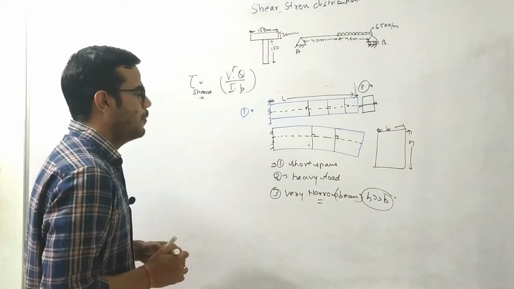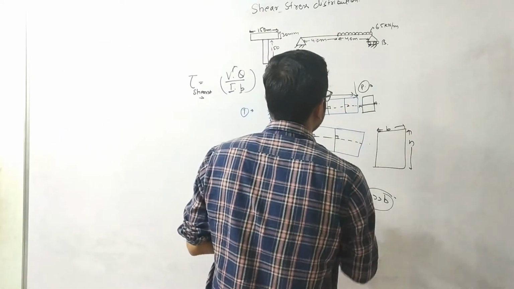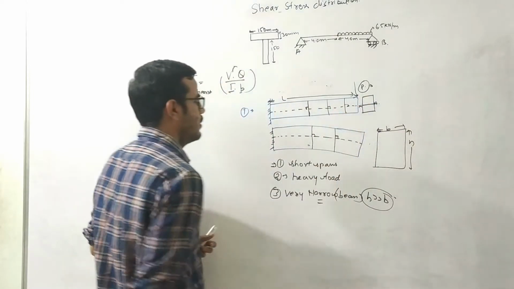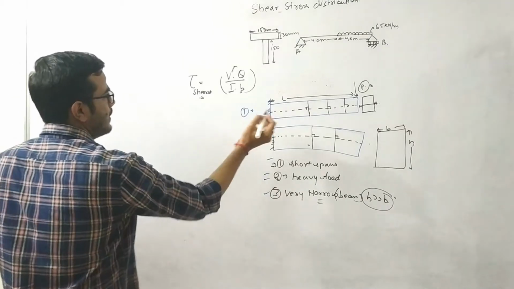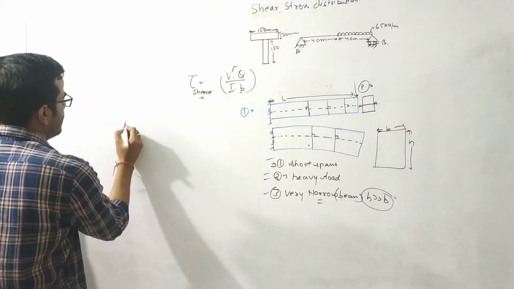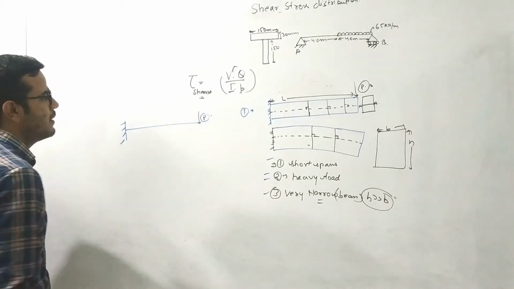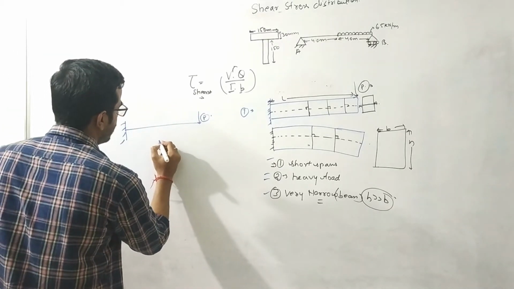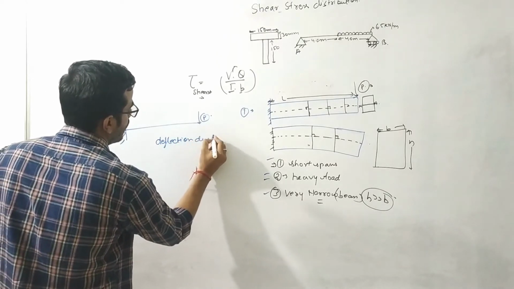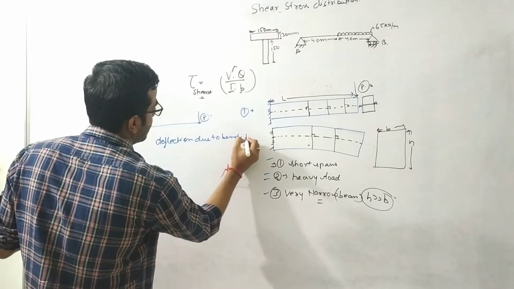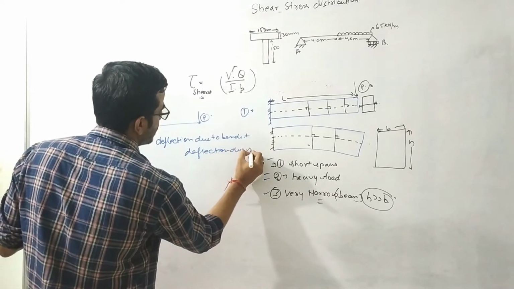And why are we discussing this point over here? Because if I calculate the deflection of this cantilever beam below the load when these conditions are met, at this end, due to this load P, my deflection will be the deflection due to bending plus the deflection due to shearing.